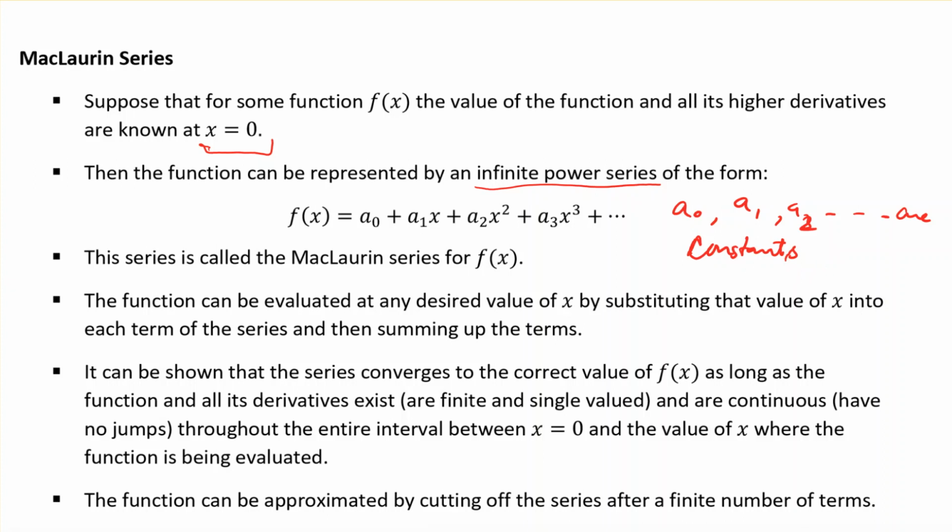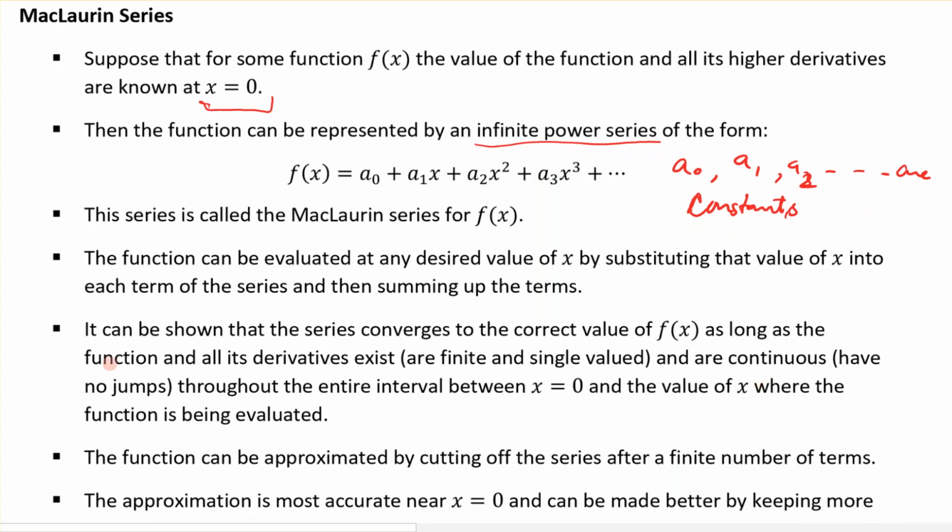Thus the function can be evaluated at any desired value of x by substituting the value of x into each term of the series and summing up the terms. It can be shown that the series converges to the correct value of f(x) as long as the function and its derivatives exist, so they are finite, single valued and continuous.